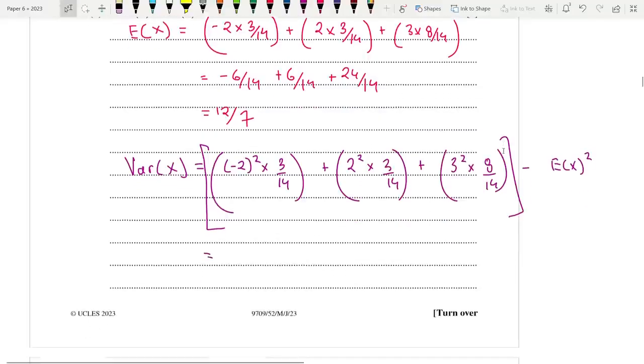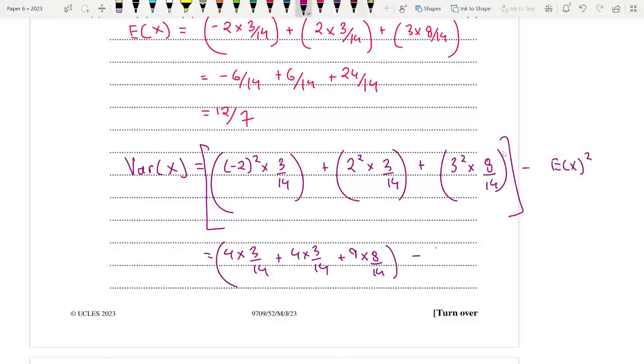So if we put it in, what is it? Actually, 4 times 3 by 14 plus 4 times 3 by 14 plus 9 times 8 by 14 minus 12 by 7 whole square.